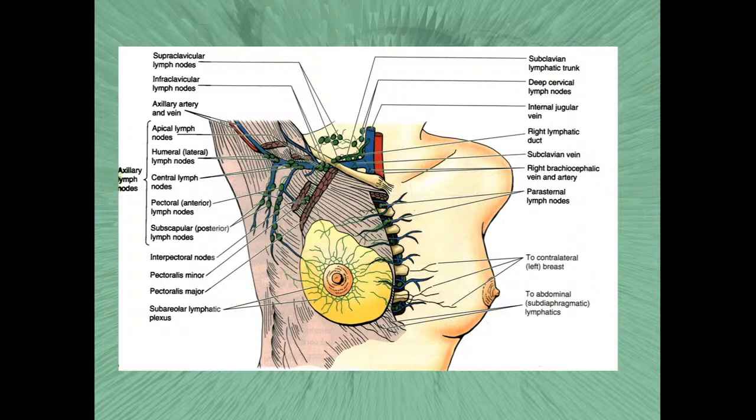It is very important to make the diagnosis of breast cancer as soon as possible, because sometimes the first symptom of breast cancer is an increase in the size of the lymphatic nodes.